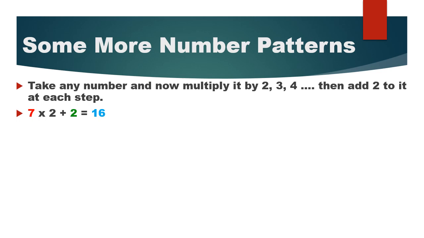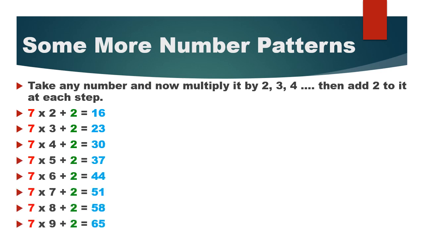I will multiply 7 with 2. So what will I get? 7 2s are 14. Now I have to add 2 to the 14 and I'll get 16. In the same way, again 7 multiplied by 3, that is 21, then plus 2, that is 23, and so on.